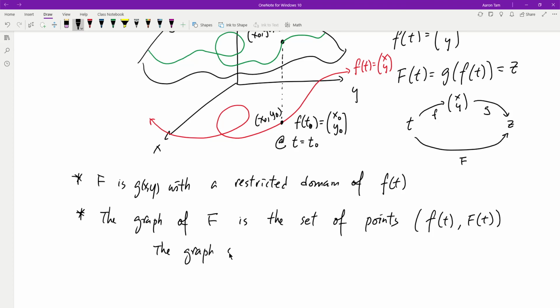The graph of F forms a curve on the surface of the function g. Now, that is something you might remember we mentioned before. If you recognize it, hopefully that would be great. If not, that is the same concept as a coordinate curve.